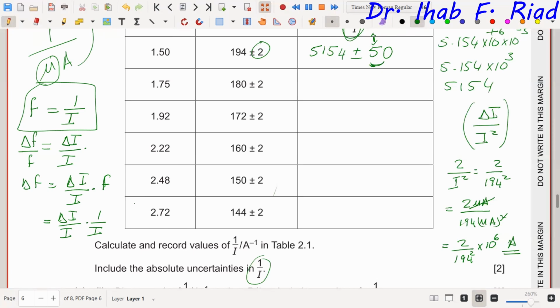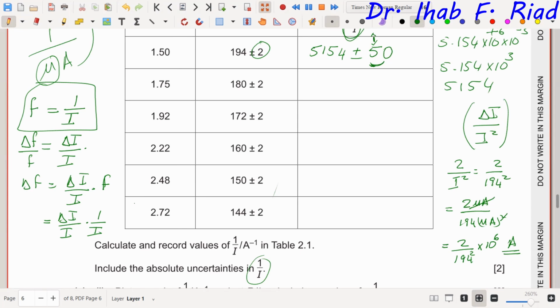Can you do the other one for me? The second one is also 61.7, so 60. What is 1 over I? 1 over 180 is 5.55 multiplied by 10 to the power -3.